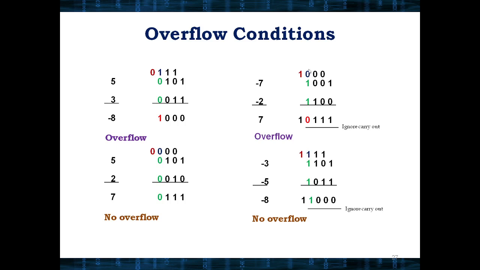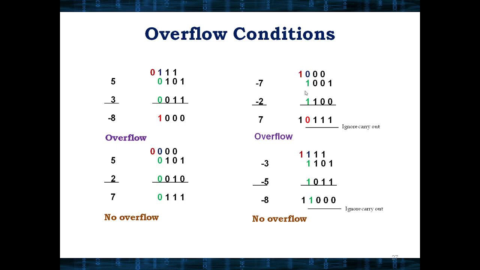So here if you check the carry going into the sign bit position, it is 0. The carry going out of the sign bit position, that is sign bit position plus 1, the next stage, is 1. So here it is 0 and here it is 1. That means overflow occurs.